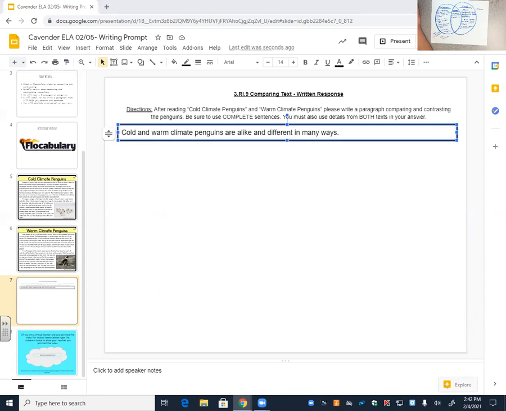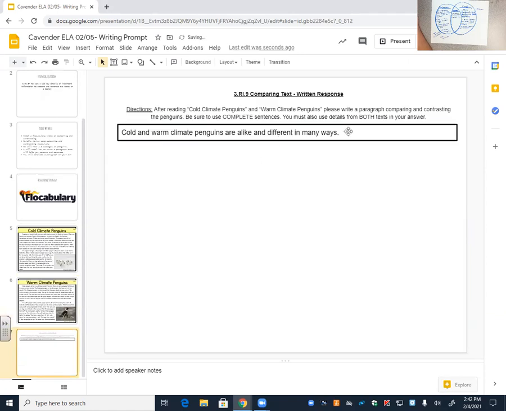Now what I need to do is start giving more specific details on how these animals are alike and how they are different. So I'm going to start with how they are alike. I have two things in my both column that tell me how these penguins are alike.